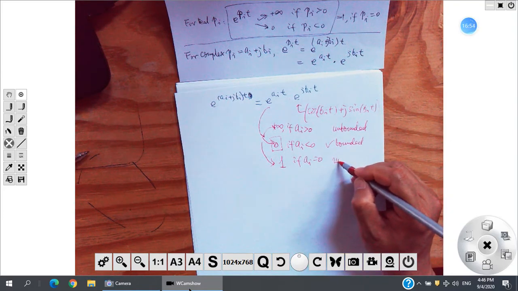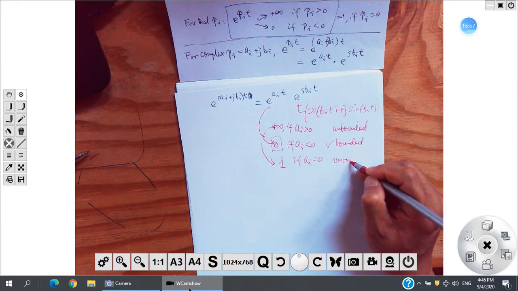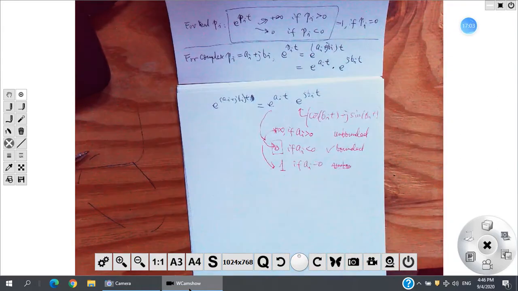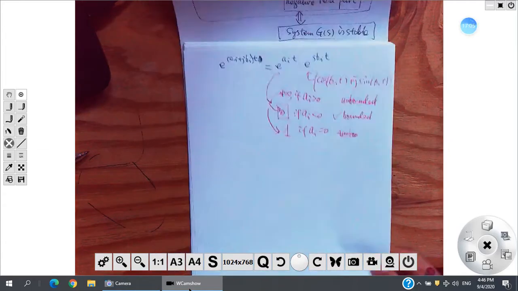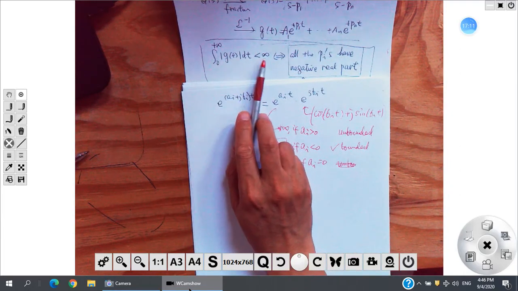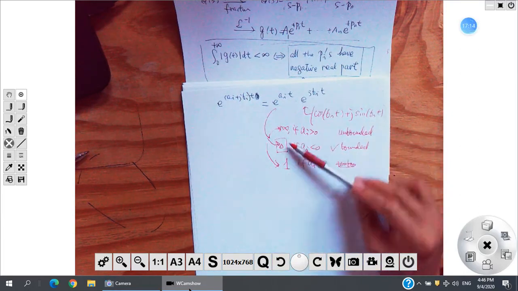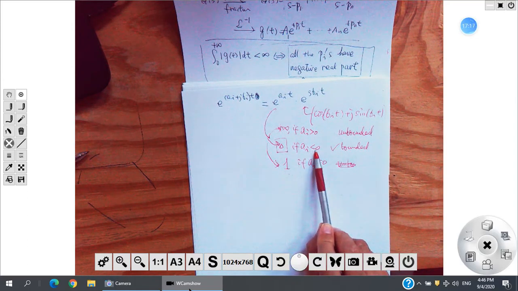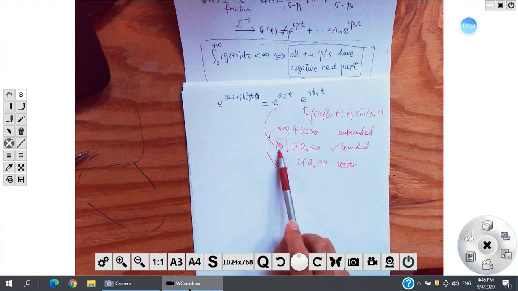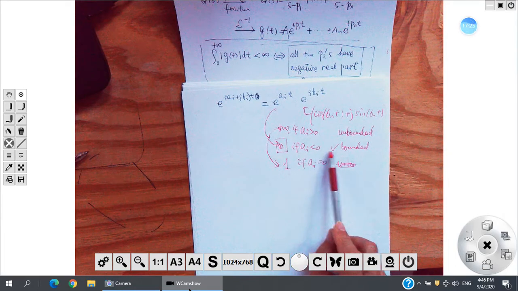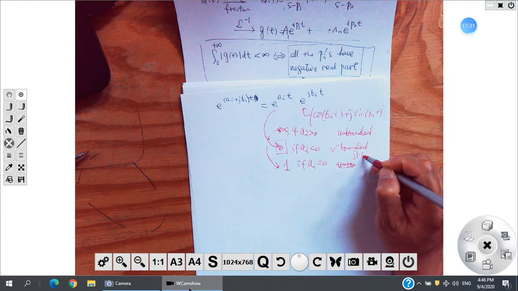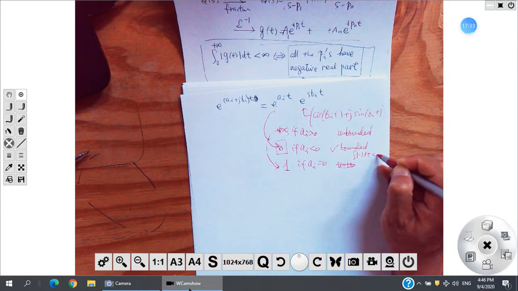This one is bounded, but when you take integration, our way to check the stability, we need integration smaller than infinite. In this case, if a is smaller than 0, you do integration from 0 to infinite, and it's still a finite number. So this one is bounded, and the integration is smaller than infinite.